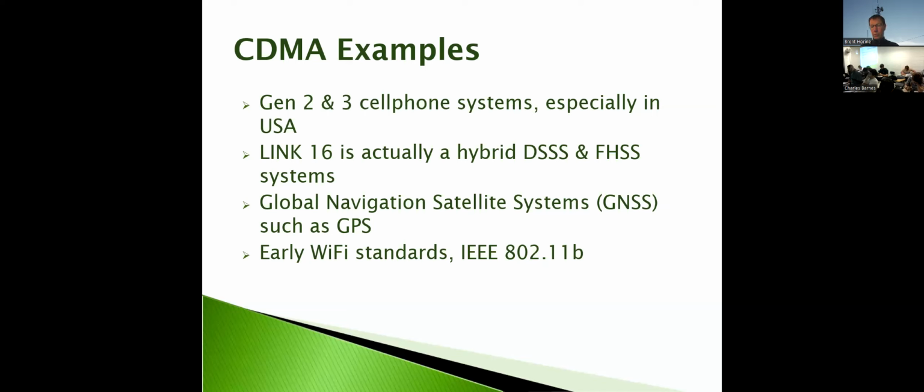GPS or GLONASS or Galileo, these are different global navigation satellite systems, GNSS. GPS is one example of that, but they all use some form of direct sequence spread spectrum.